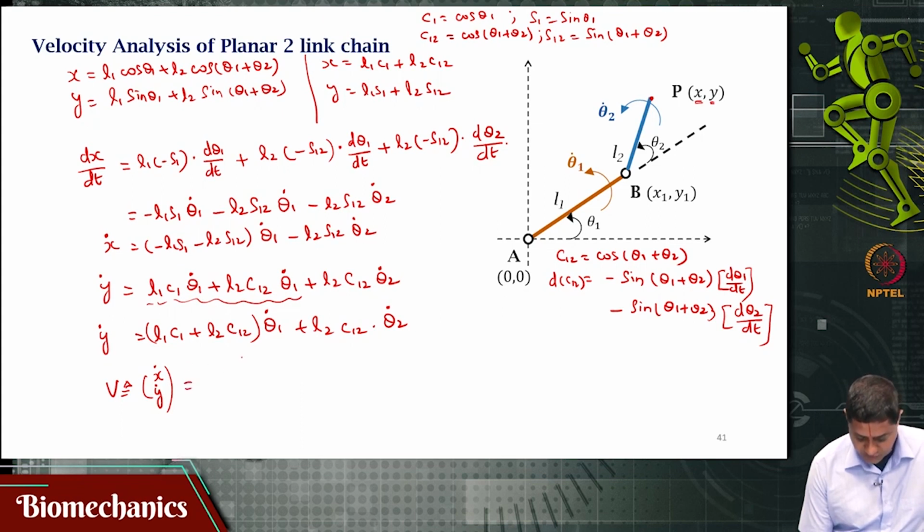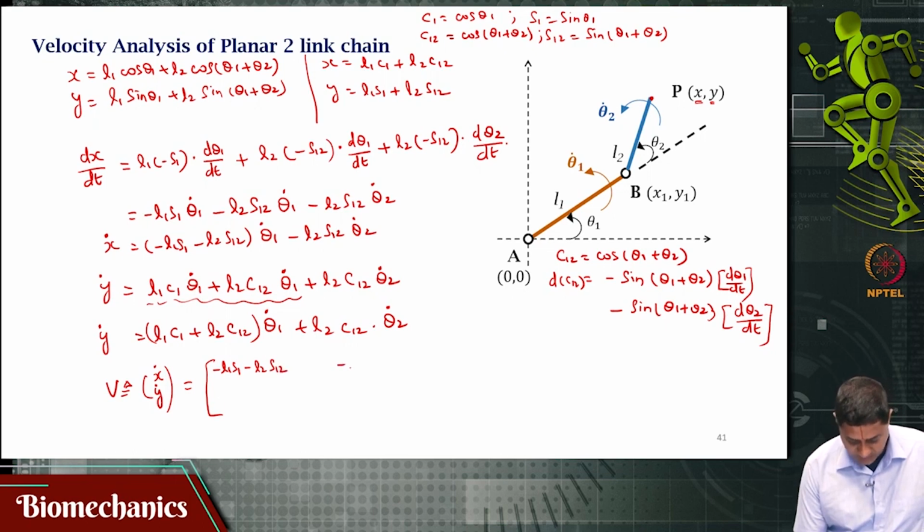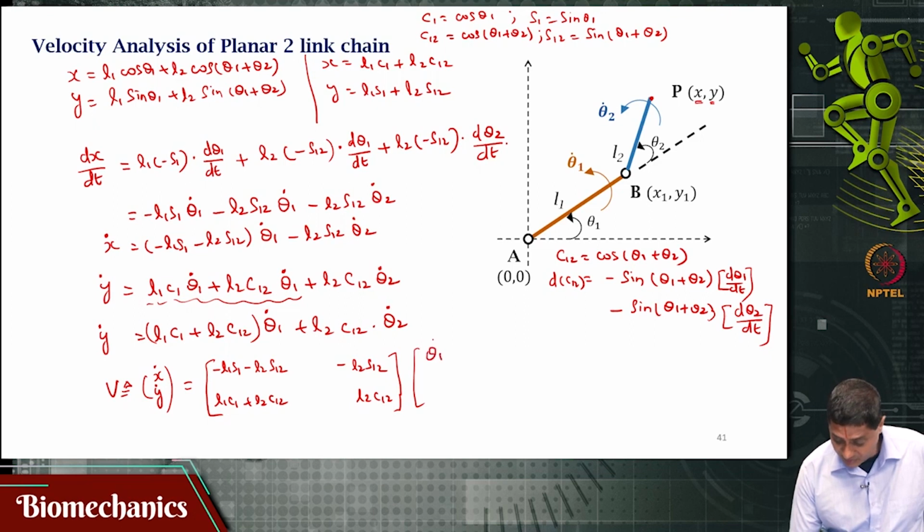Okay. This is going to have coefficients minus L1 S1 minus L2 S12, minus L2 S12, L1 C1 plus L2 C12, L2 C12, times theta 1 dot and theta 2 dot.